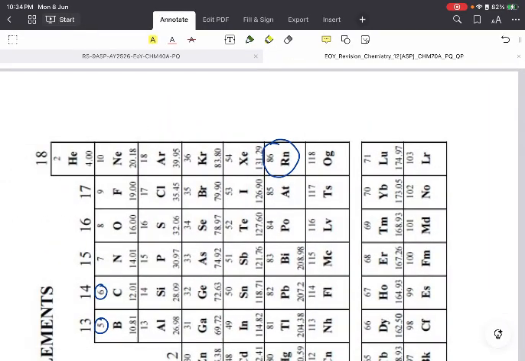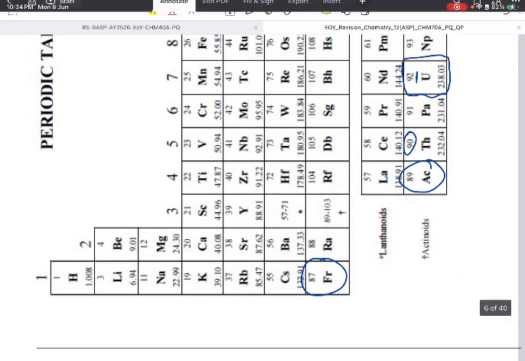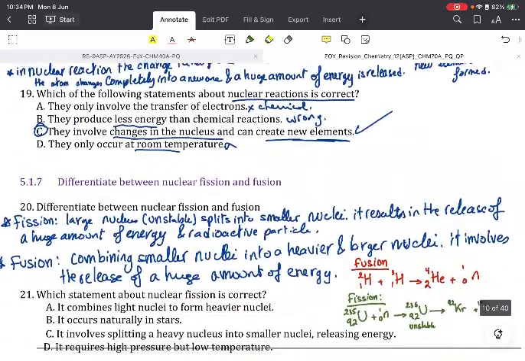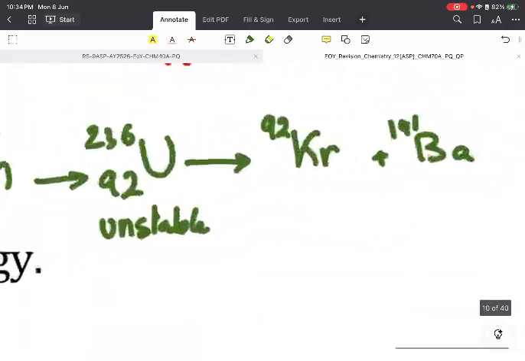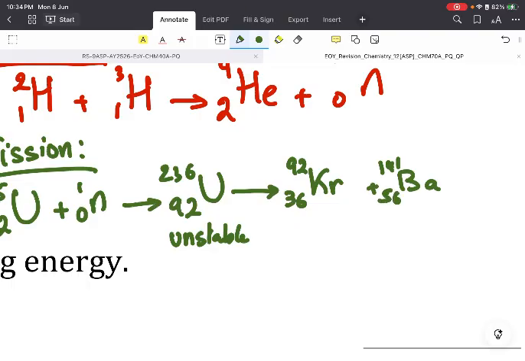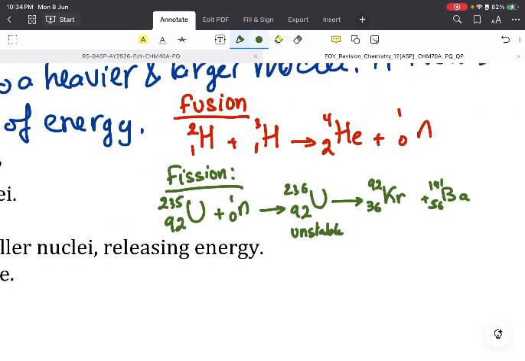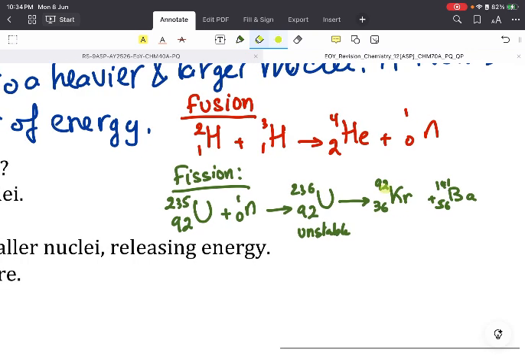Krypton's atomic number is 36 and barium's is 56. If I add 36 and 56, I still get 92. So as you can see, I obtained two smaller nuclei, whereas in fusion, two smaller nuclei give me a heavier one.